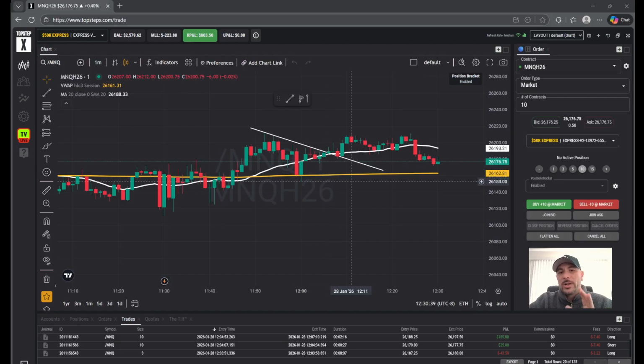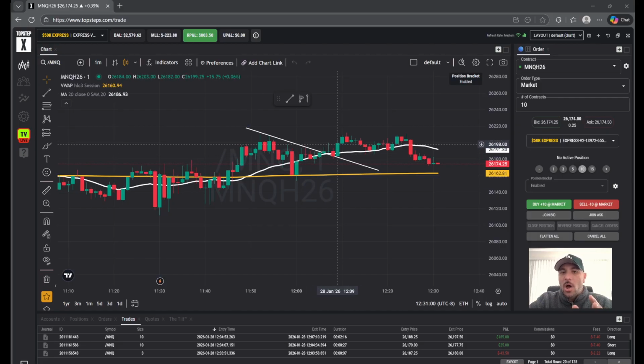Essentially what I did on one of the scalps with 1 mini contract was get long on the break and retest. Notice here, once we started to push up into and break through this downwards trend line, I was looking for the pullback into that broken trend line. So that's a break and retest, and I decided to go long here on the push.